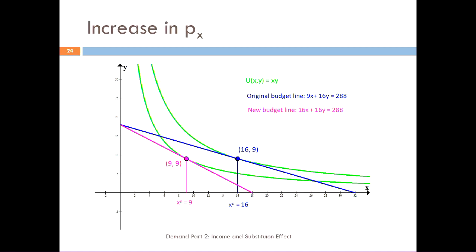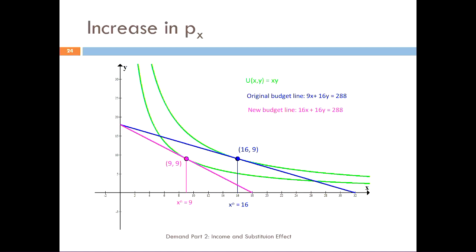We solved the consumer's problem last week and found they would consume 9 units of each good, 9 units of x and 9 units of y. So when the price of x went up from $9 to $16, the quantity demanded of x fell by 7 units, from 16 to 9. The quantity demanded fell by 7. How much of that fall was due to the substitution effect?